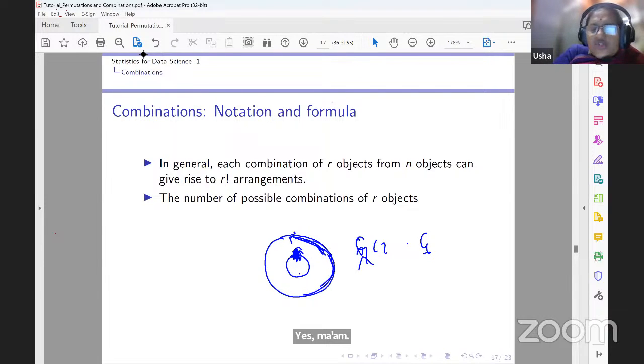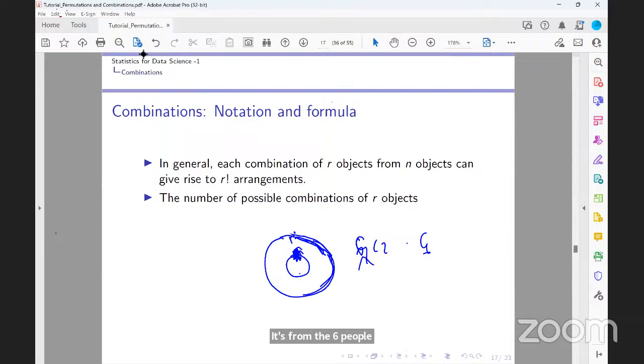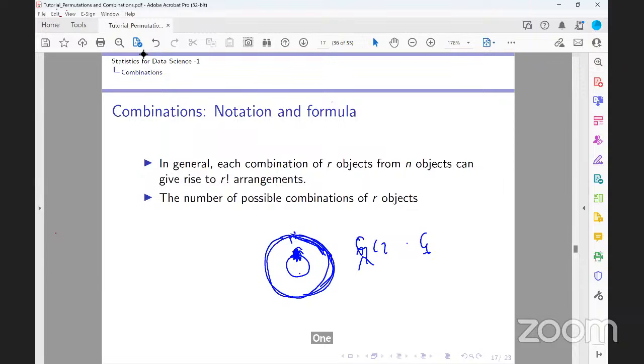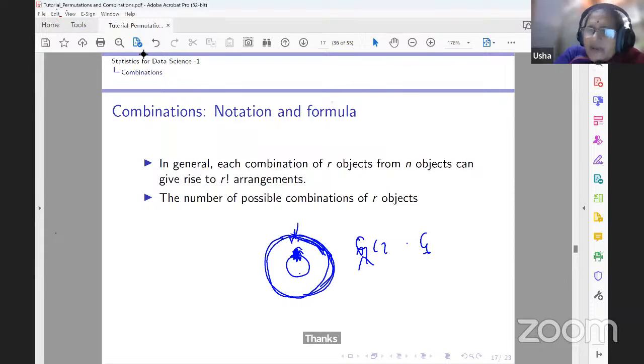How many ways can I choose this one person from the 6 people? 6 ways. Now that I have chosen the one person here, how many people do I have to choose for the outer circle? 5 ways, right?